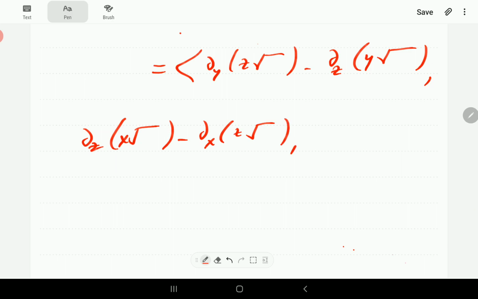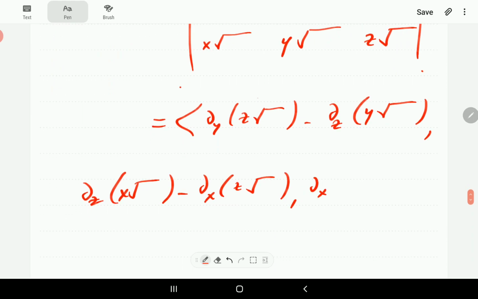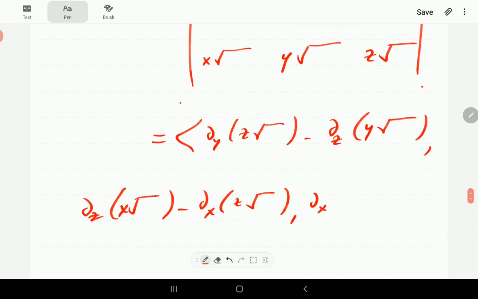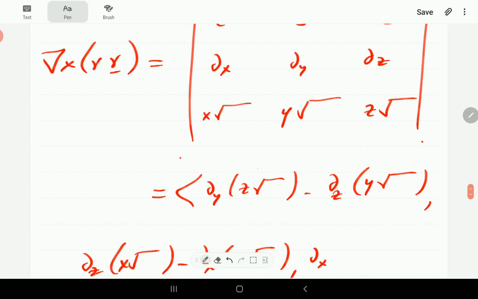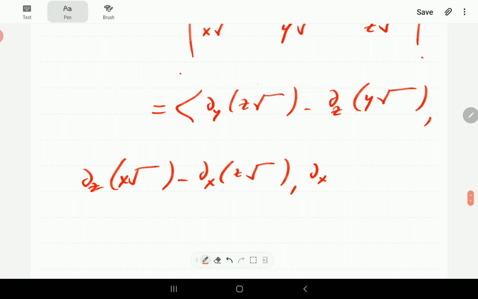And lastly, the k component is the x derivative of y times the square root of x squared plus y squared plus z squared, minus the y derivative of x times it.